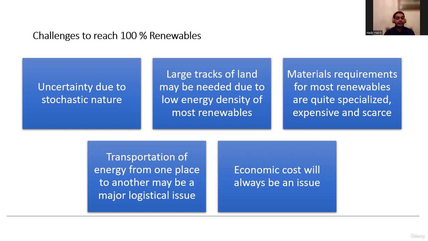The fourth challenge is that the transportation of energy from one place to another may be a major logistical issue, and this could be before the installation of the renewable energy project or even after you installed it and need to transmit the power from one place to another.